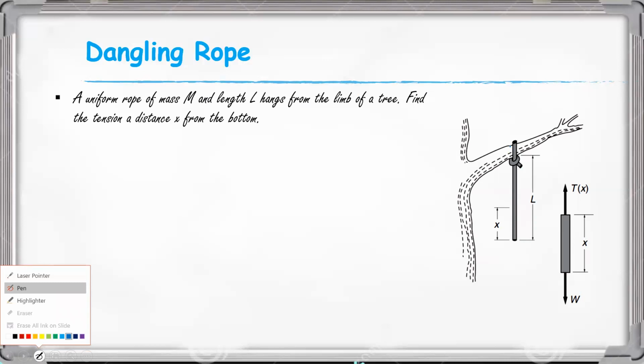Here a rope of length L is hanging from a branch of a tree.